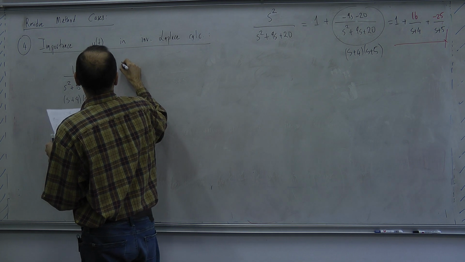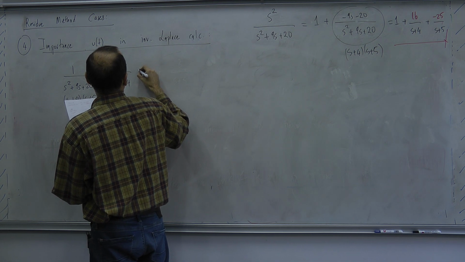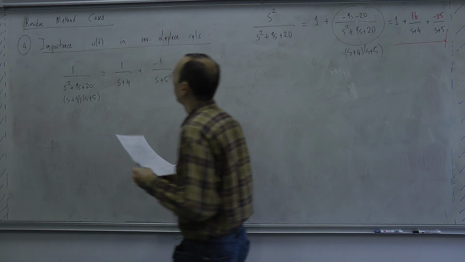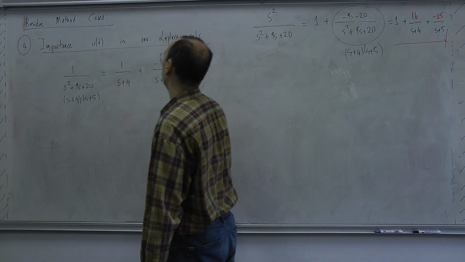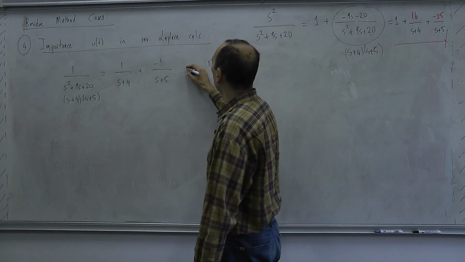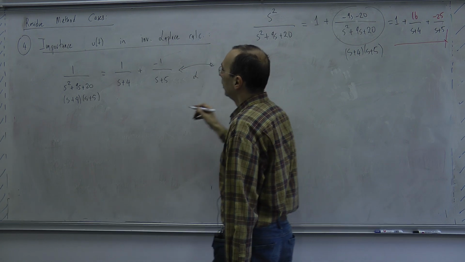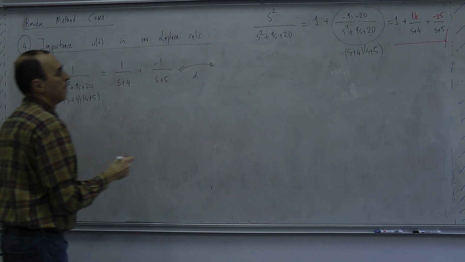Something like this. And you can see that this is equal to 1 over s plus 4 minus 1 over s plus 5. Okay. Very easy to verify this. This is as simple as it gets. Now, if I take the inverse Laplace of this, let me call this f of s.